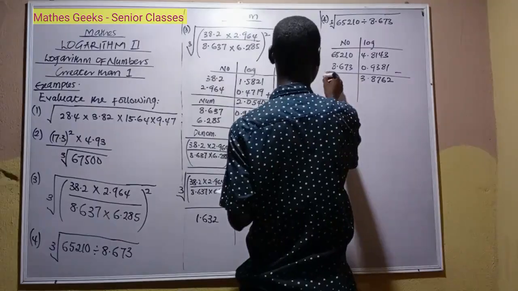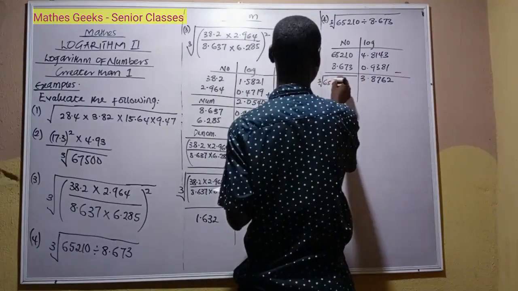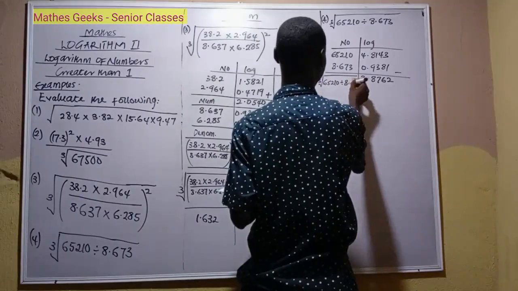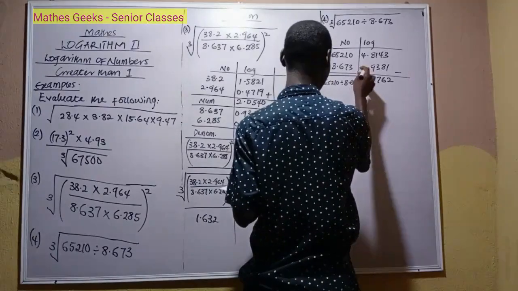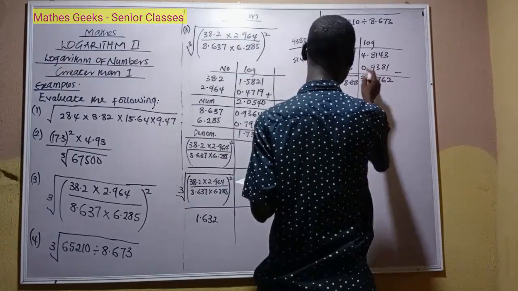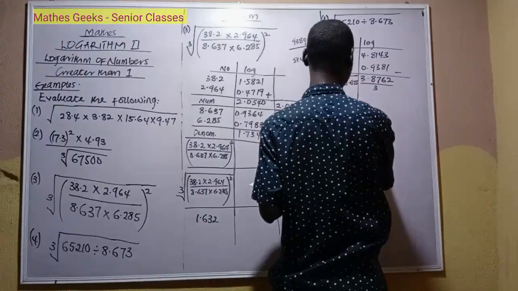Okay, so third root of 65210 divided by 8.672. So we're going to divide it by 3.